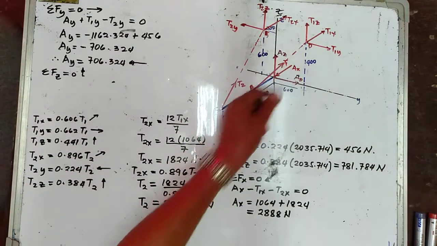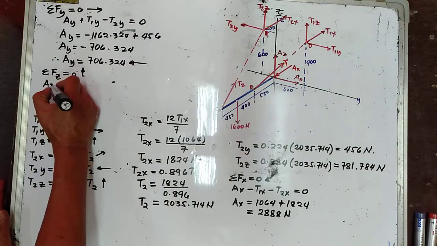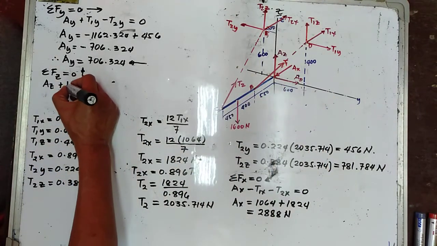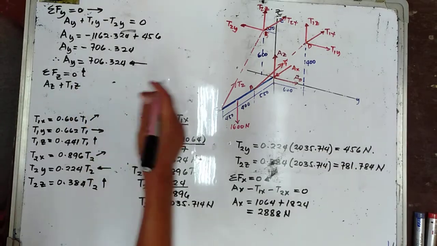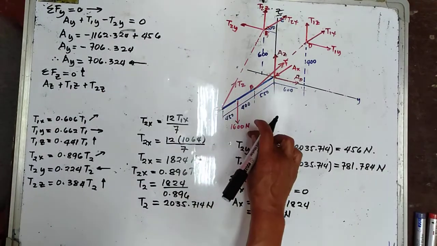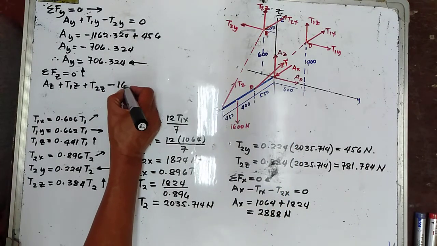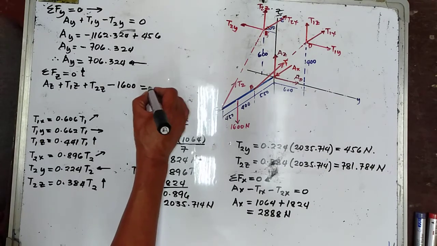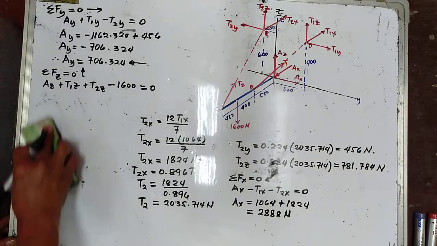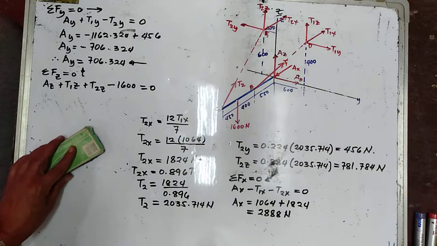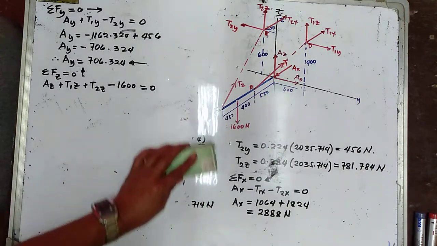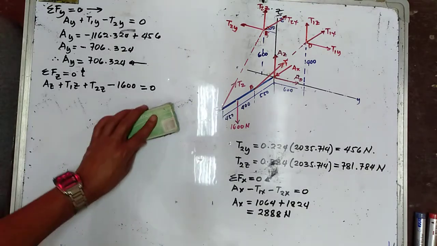So that is now your AZ plus T1Z plus T2Z minus 1,600 newton is now equal to 0. Okay.